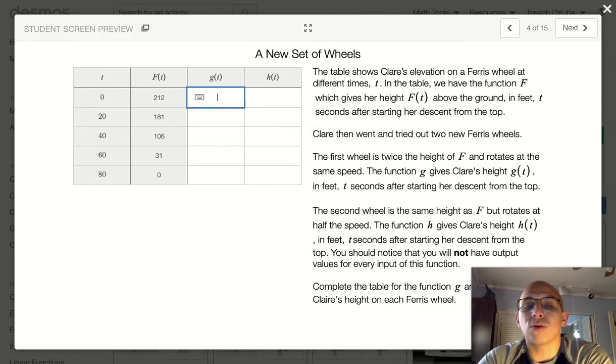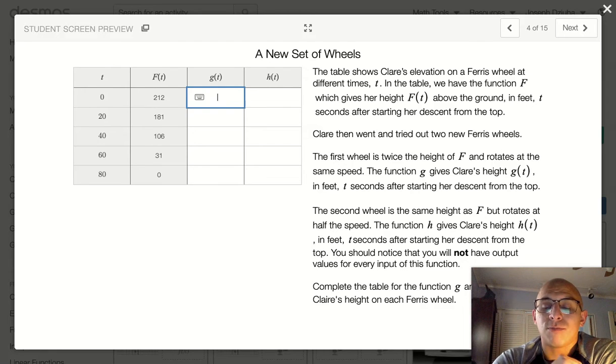So a very important component right now is determining, well, what input and what output, or whether the input or output represents the height, and what does the input represent if it's not the height, and vice versa. The second wheel is the same height as f, but rotates at half the speed. The function h gives Claire's height, h of t in feet, t seconds after starting her descent from the top.